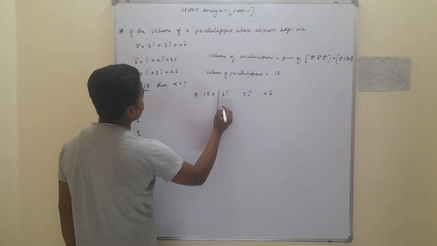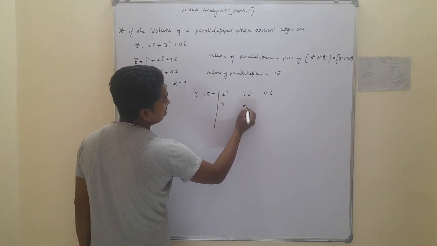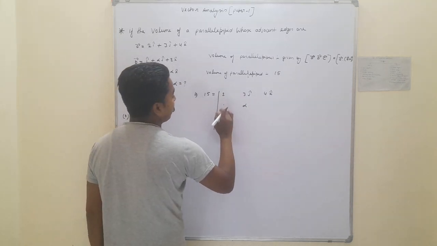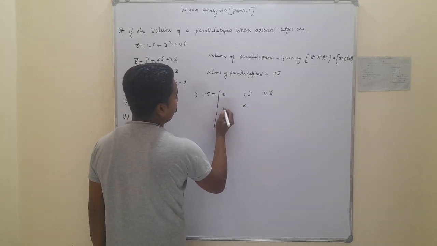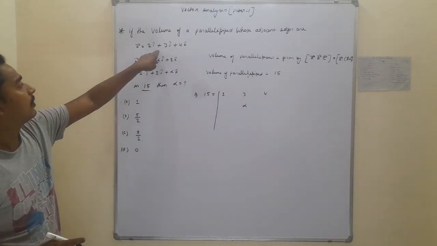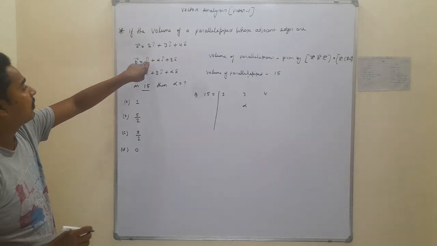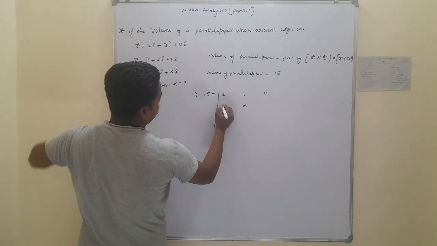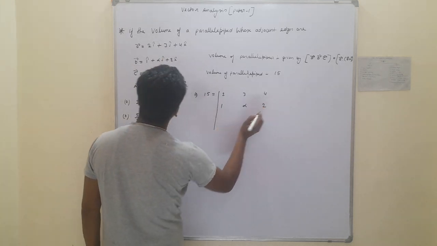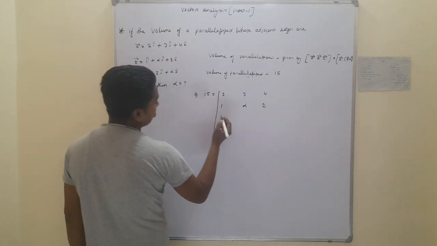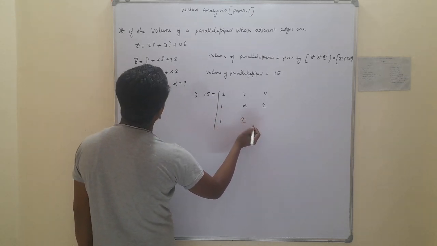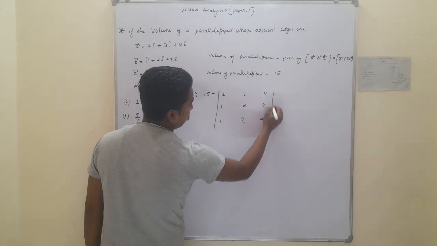Similarly for b vector, it is i cap plus alpha j cap plus 2k cap. We write the coefficients: 2, 3, 4 are the coefficients of i cap, j cap and k cap. For b vector, the coefficient of i is 1, of j cap is alpha, and of k cap is 2. For c vector, the coefficient of i cap is 1, of j cap is 2, and of k cap is alpha.